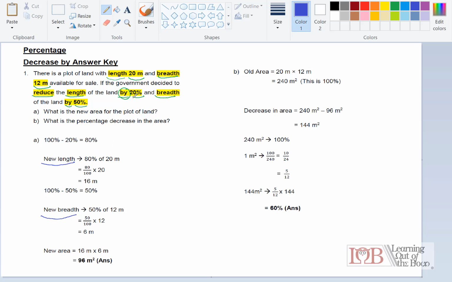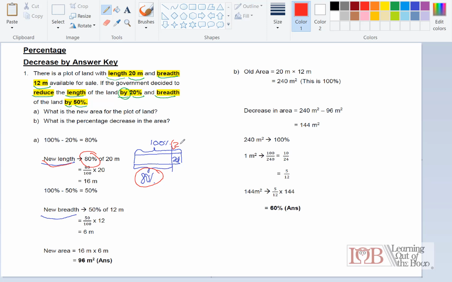So if the length is cut by 20% and is left by, okay, this is 100%, and when you cut 20%, it leaves you 80%, right? So this is actually the new length. It's 80% of 20 meters.